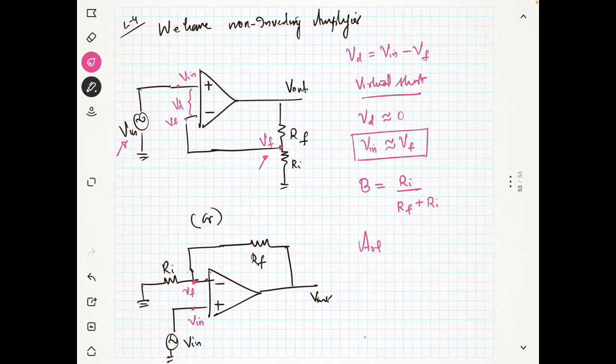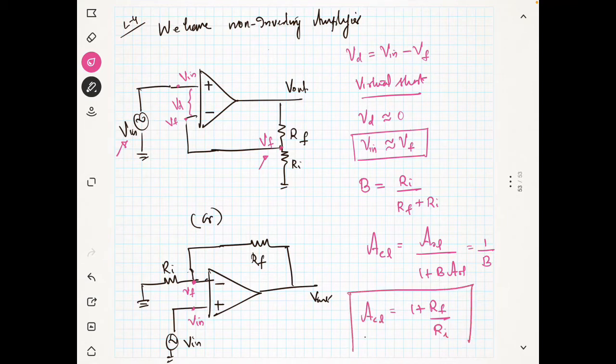If you know the open loop gain, the closed loop gain will be equal to AOL divided by 1 plus B into AOL, which is equal to 1 by B, right? And it is nothing but 1 plus Rf by Ri. So this is the closed loop gain. We have seen all this analysis.